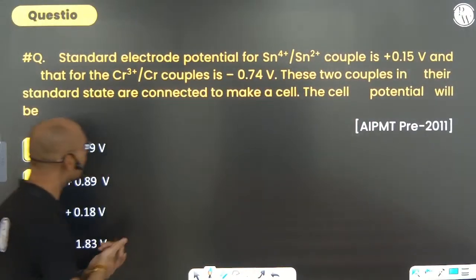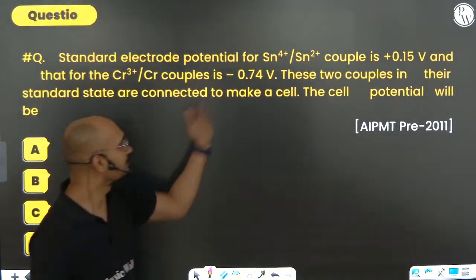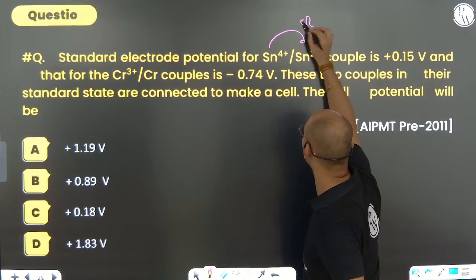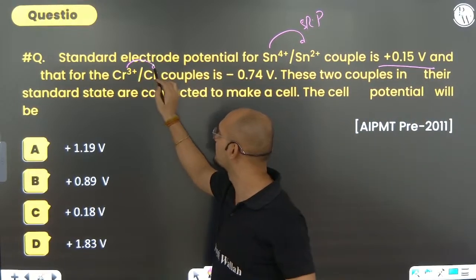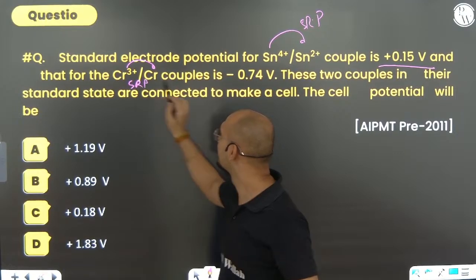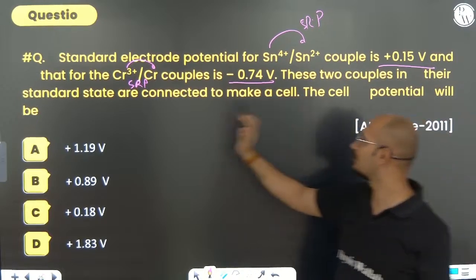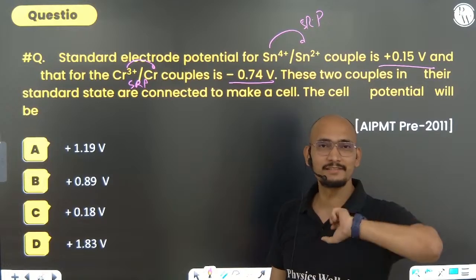Next, the standard electrode potential for Sn4+ to Sn2+, stannic to stannous, is given. Can you see it is reduction? So it is SRP or SOP? It is an SRP value. SRP value is positive. While for Cr3+ to Cr, it is also an SRP value. Is it given positive or negative? Negative. Okay. These two couples in their standard state are connected to make a cell. Then the cell potential will be? Can you see which is the negative value?